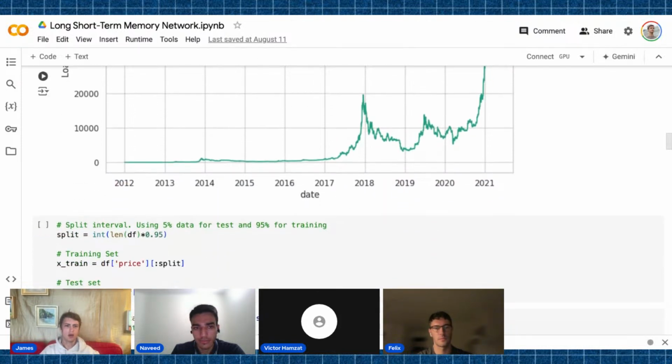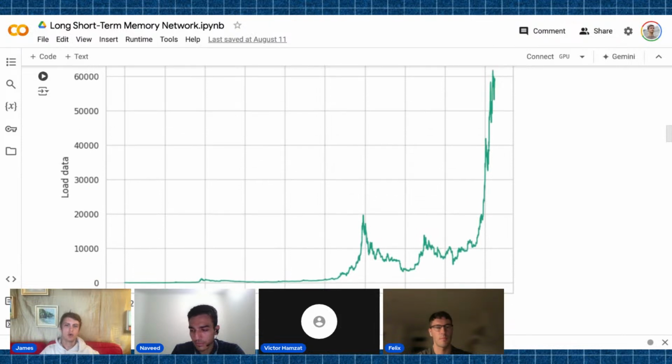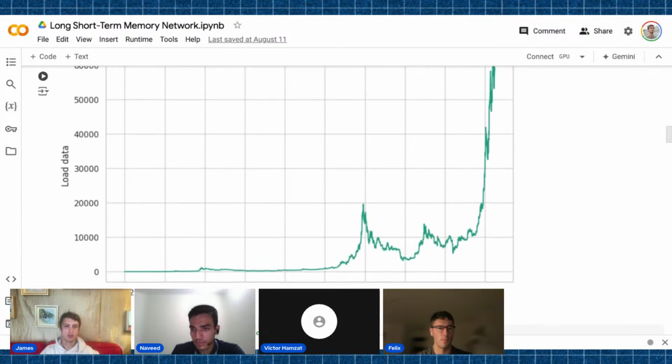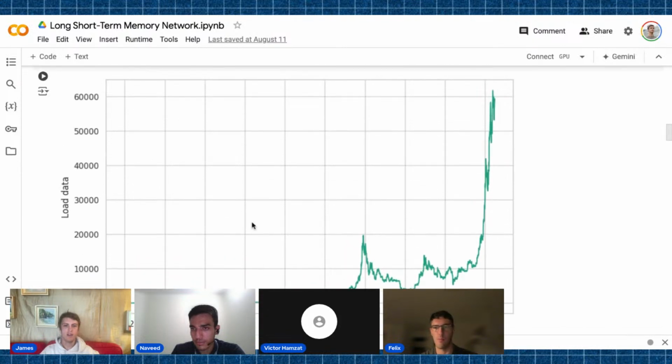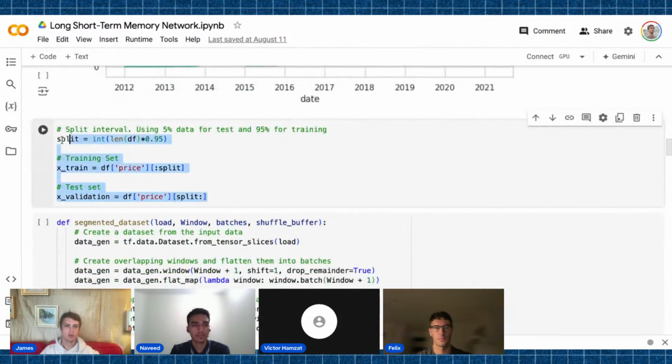Now, in order to train the model and to test it, of course, we can no longer just randomly choose 80% of this. So what we did is we took the first 95% to train the model, and we're going to test it on the remaining 5%, the last 5%. That's what the train test split is here.